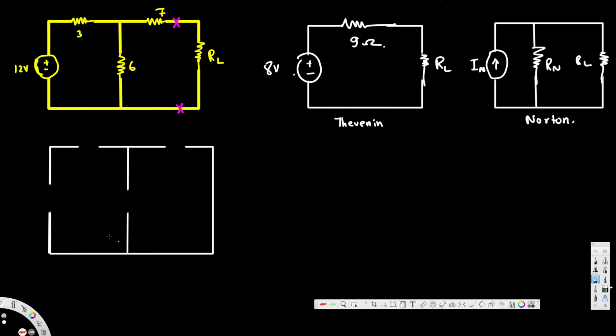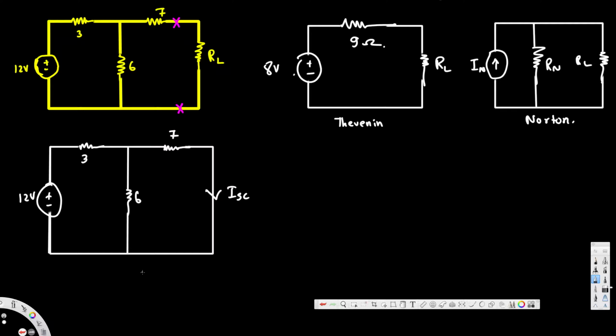Let's draw everything. So this is our voltage source, that is 12 volts, and here we have a 3 ohm resistance, a 6 ohm resistance, and a 7 ohm resistance, and we short circuit this one. This is going to be I_SC, and if you find this I_SC current, that's going to be the I Norton.